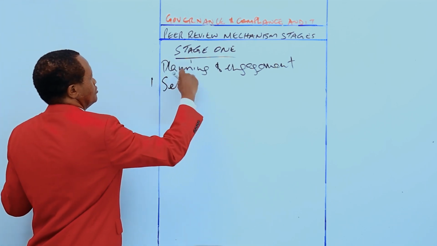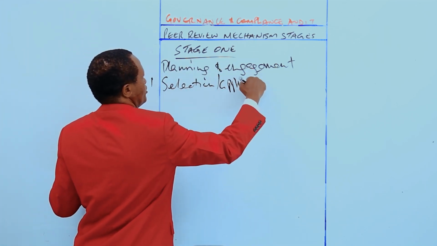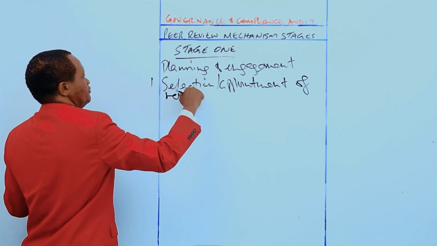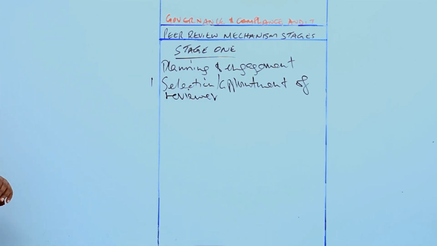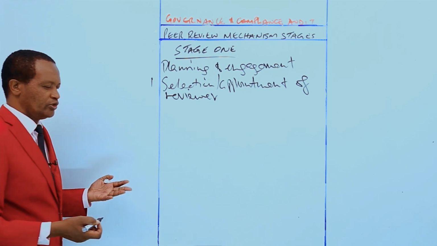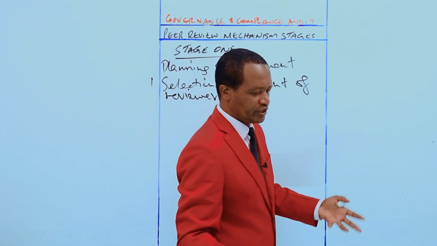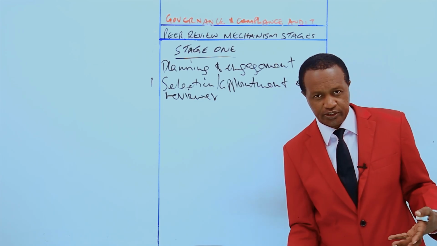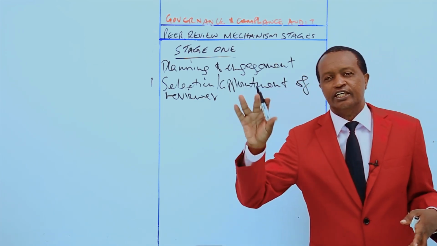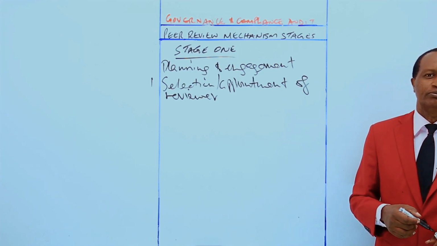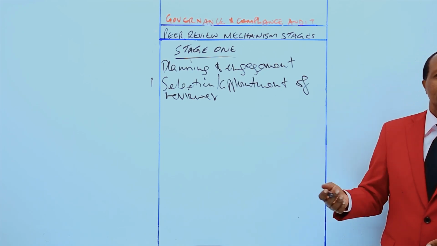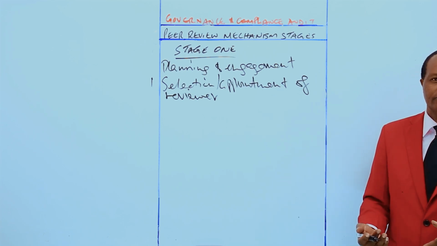Selection of the reviewer. That's the first thing that happens. The firm or the internal audit function that is undergoing review, the reviewed entity, is the firm that is being reviewed. It engages a qualified and independent reviewer or review team, and this selection might be from an approved list provided by the administering body.